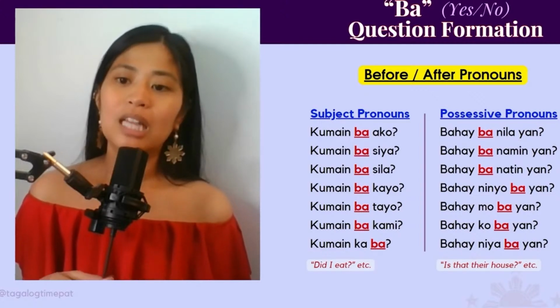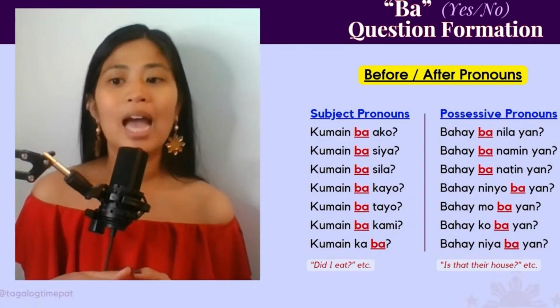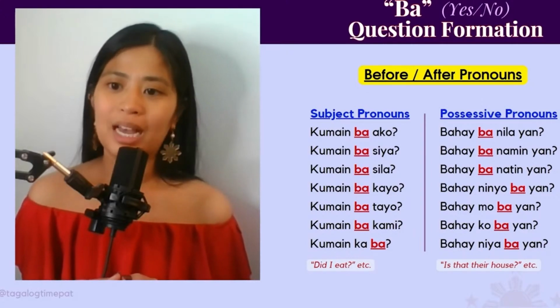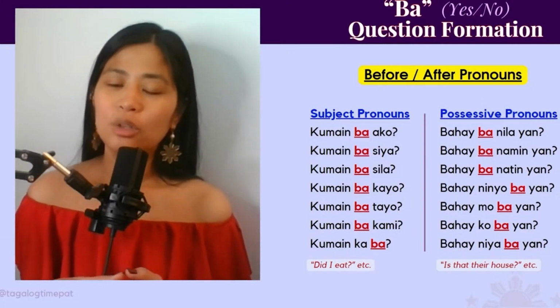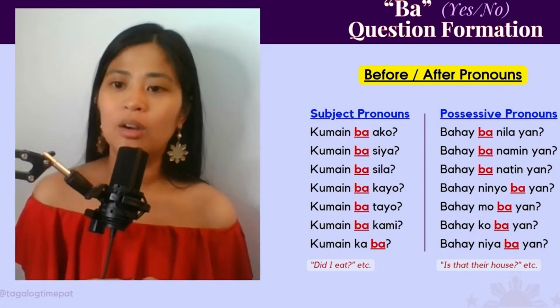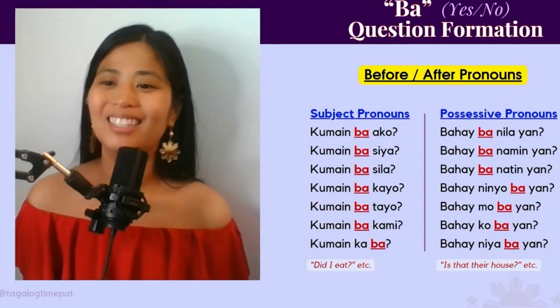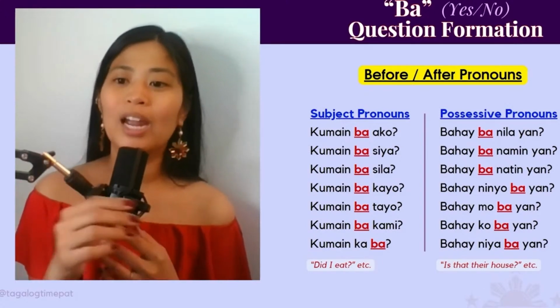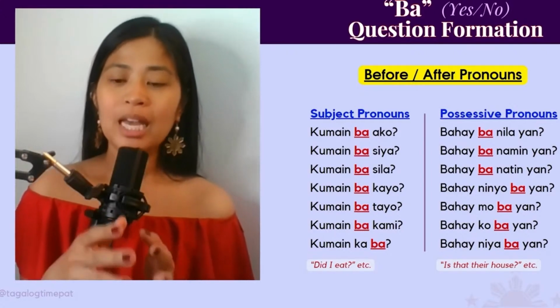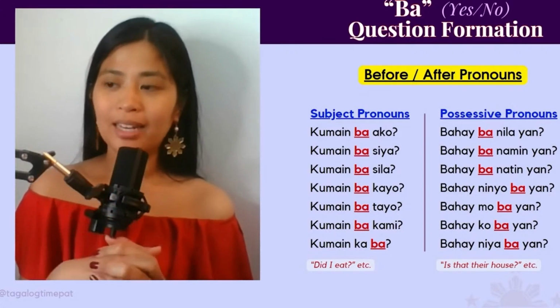Now take a look at the last four examples. Ba is going after the pronoun. Bahay ninyo ba yan? Ninyo can be interchangeable. I've actually heard it bahay ba ninyo yan and bahay ninyo ba yan. So I've heard ba go before and after the pronoun for ninyo. Next, bahay mo ba yan?